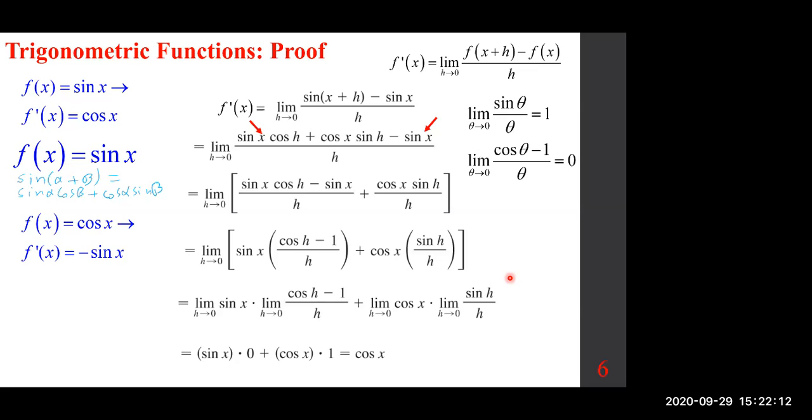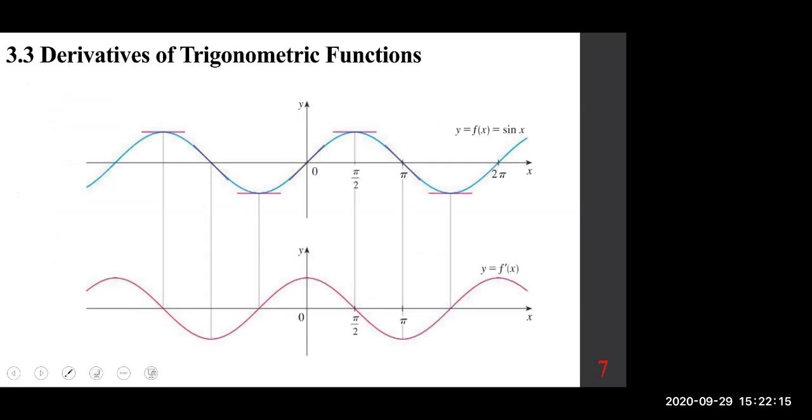Now, if we look at graphs, what graphs? Graphs of sine and cosine. And when we learned how to graph the derivative function, that is really helpful. Just as an example, if you look at this part, this corresponds to 0, this corresponds to 0, this corresponds to 0.